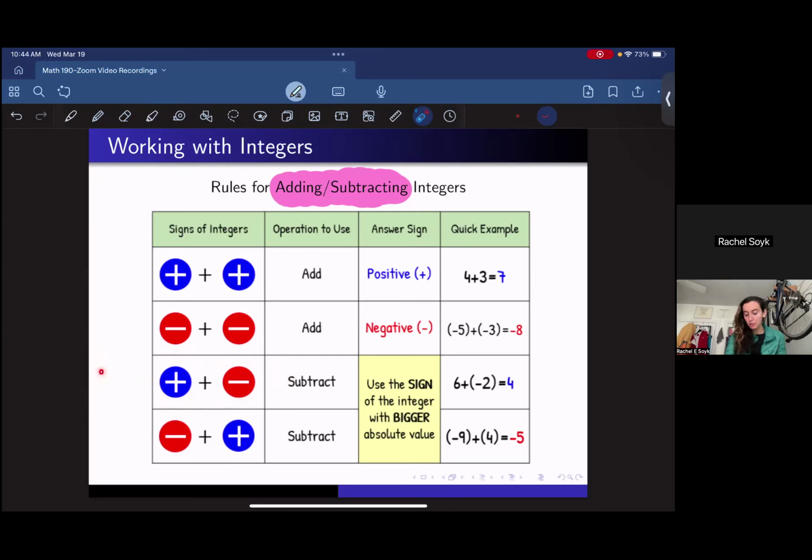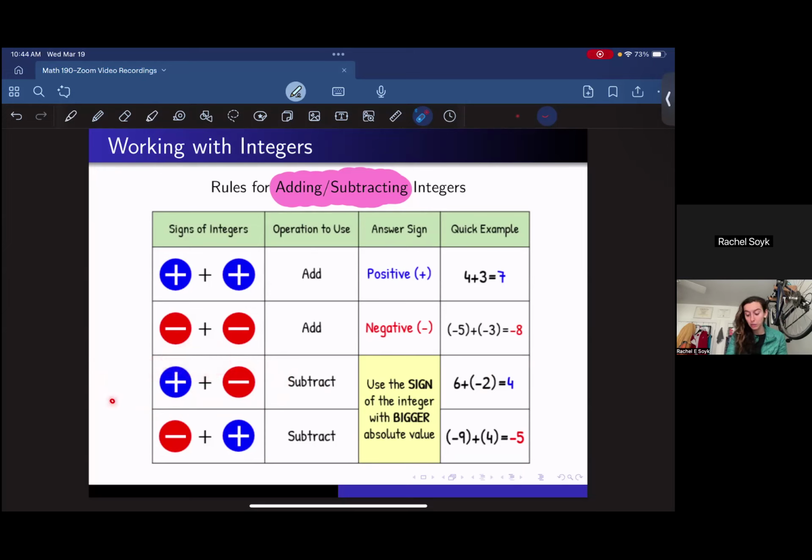So let's say we had positive 10 plus negative 28. We're going to neglect the operations for the time being, and we're going to ask ourselves, 10 versus 28, which one is larger? The 28 is larger. And now we're going to bring back our operation.